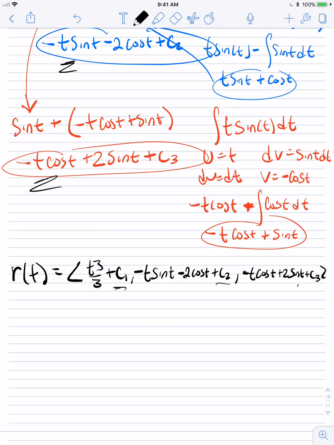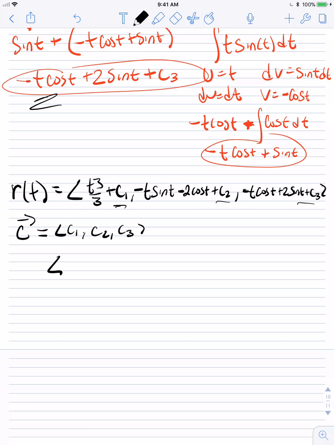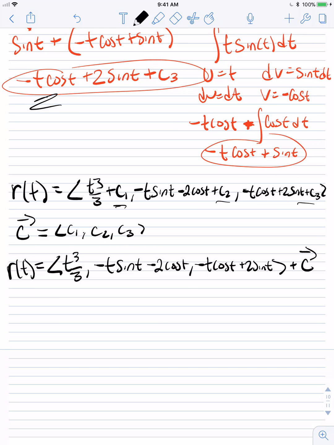We have constants, so we can let some c vector be equal to c1, c2, and c3. Therefore, we can pull that out. So t cubed over 3, negative t sine t minus 2 cosine t, and negative t cosine t plus 2 sine t, plus our c vector. And this would be our position vector.